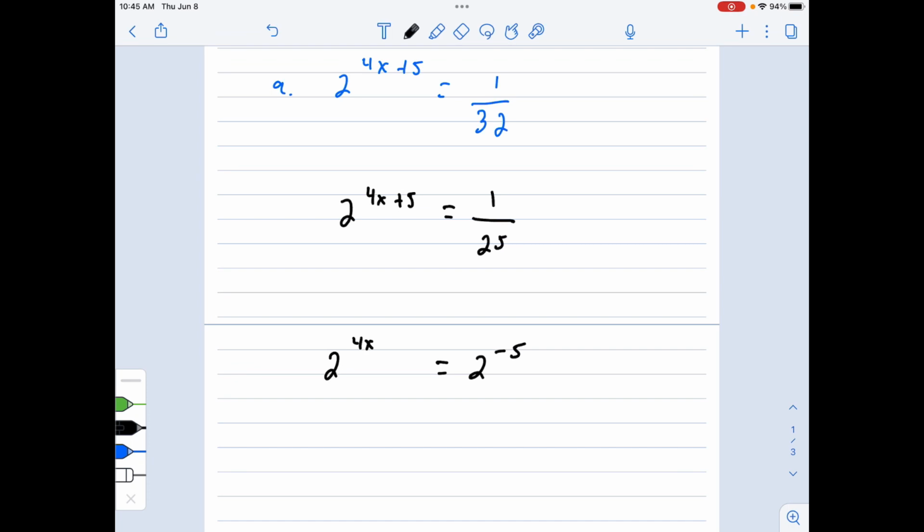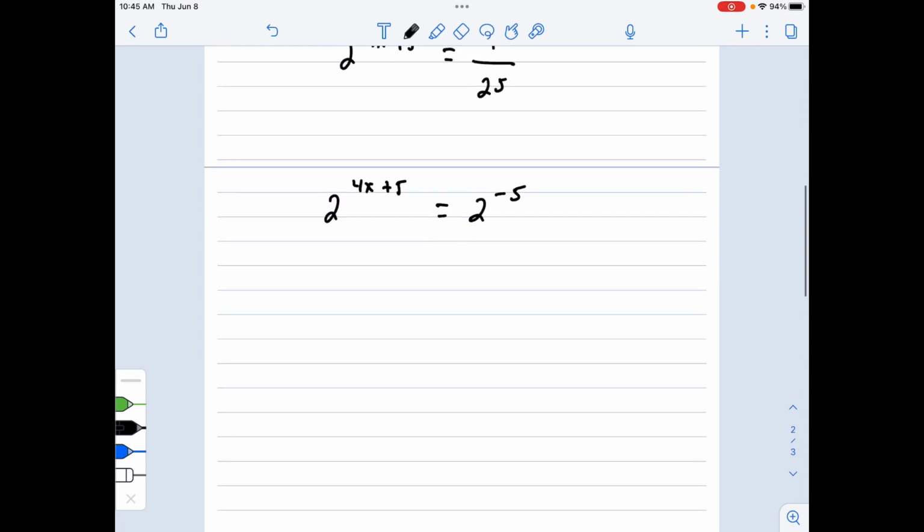If you can do that with any exponential equation, the next step is to set the exponents equal to each other. We're using a property of exponential functions, which is that they're one-to-one.